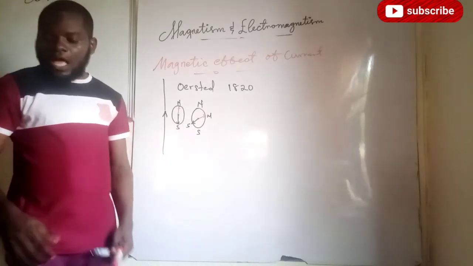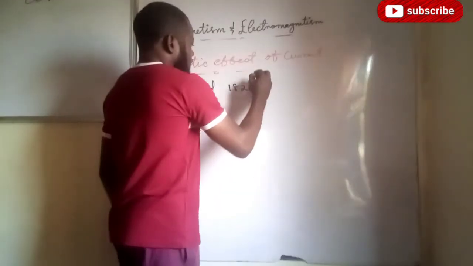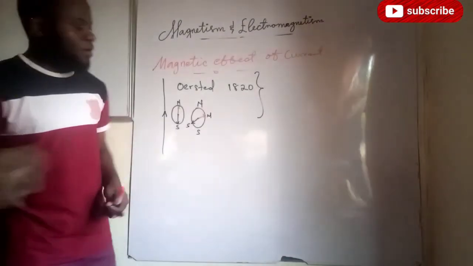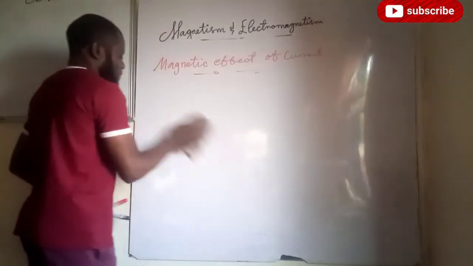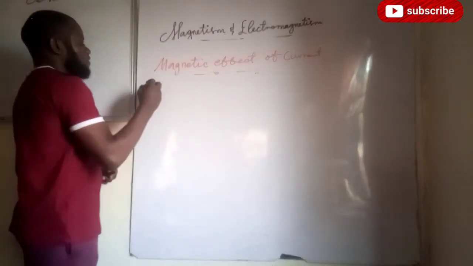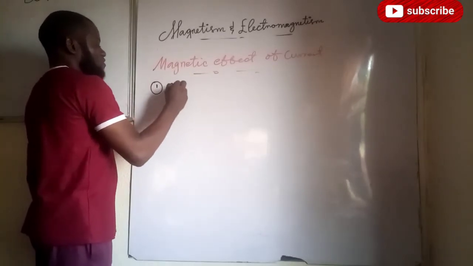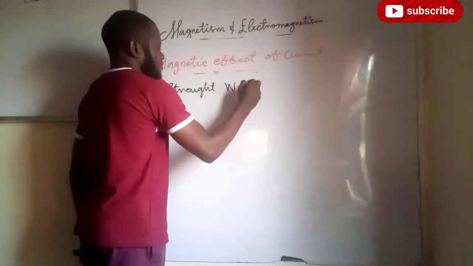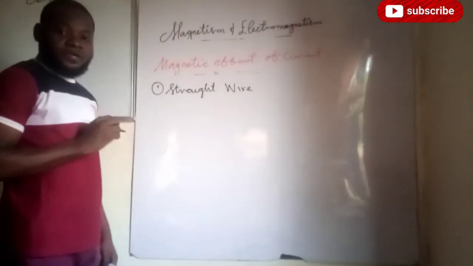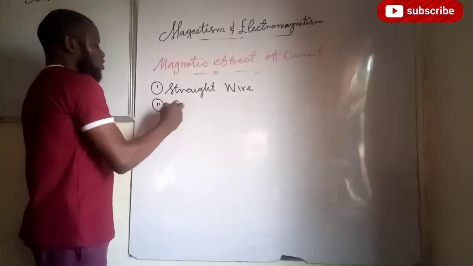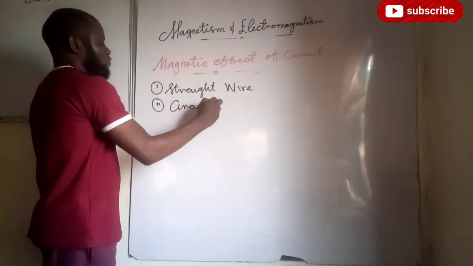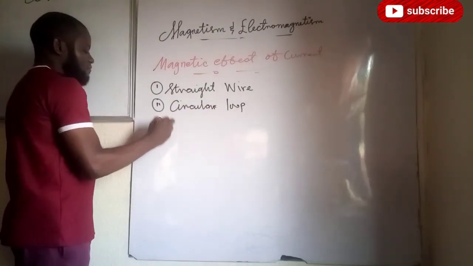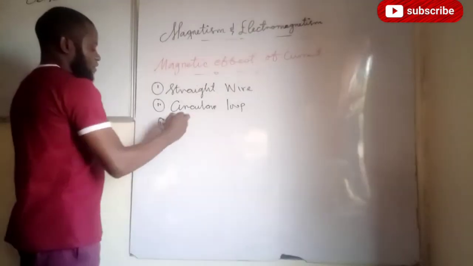For this video, I'll be considering 3 shapes and I'll be talking about their magnetic field pattern. 1, I'll talk about a straight wire carrying current. 2, I'll talk about a circular loop. And 3, we'll talk about a solenoid.